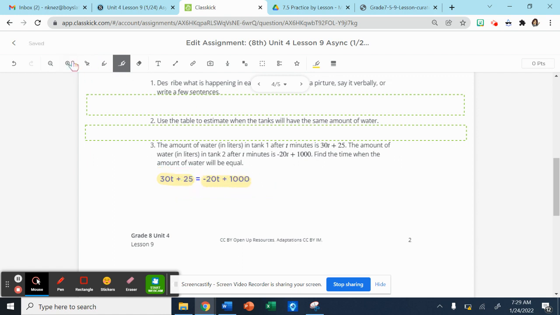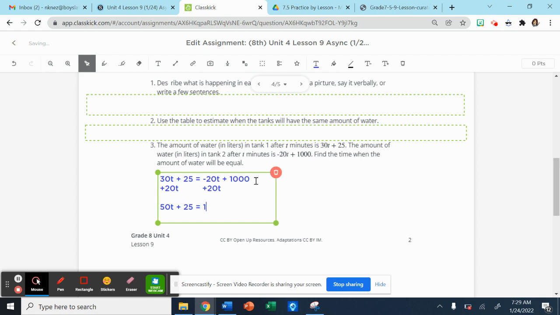And so what we can do is we can solve this equation the same way we would solve any other equation. We can add 20t to both sides. And we end up with 50t plus 25 equals 1000. We can subtract 25 from both sides.